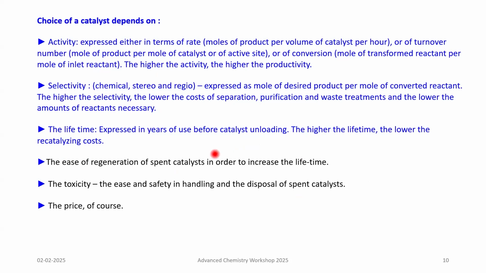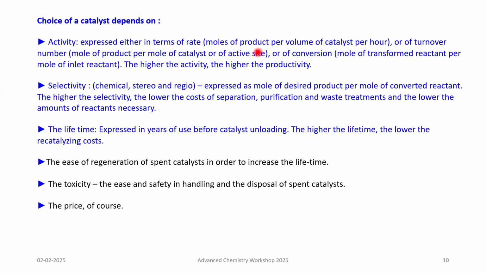For example, here activity is expressed in terms of rate, that is, moles of product per volume of catalyst per hour, or turnover number. Are you aware of turnover number? Turnover number is a very difficult number to define, but it is moles of product per mole of catalyst or active site.